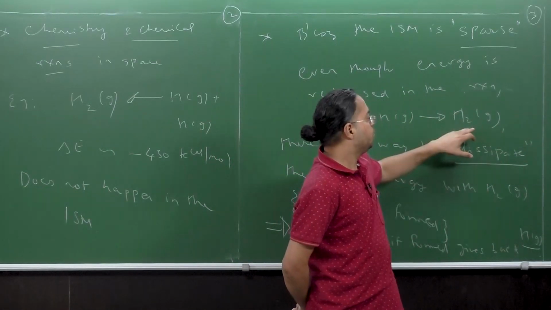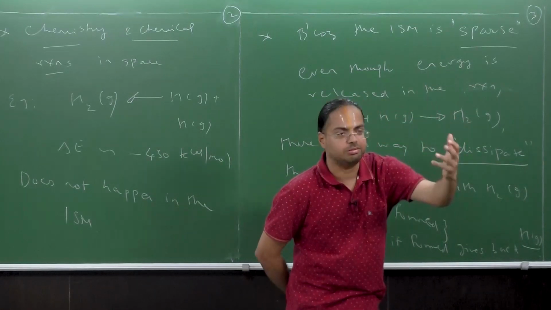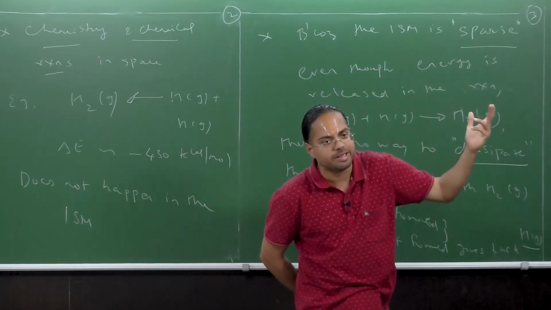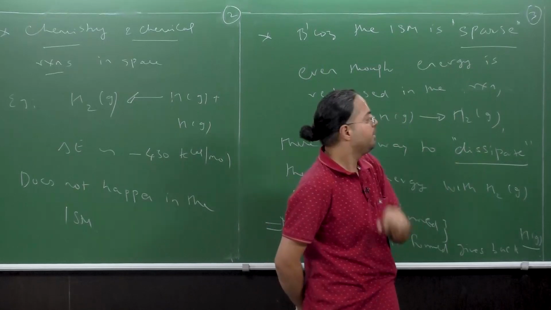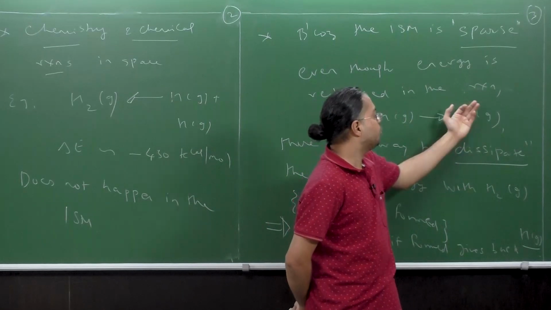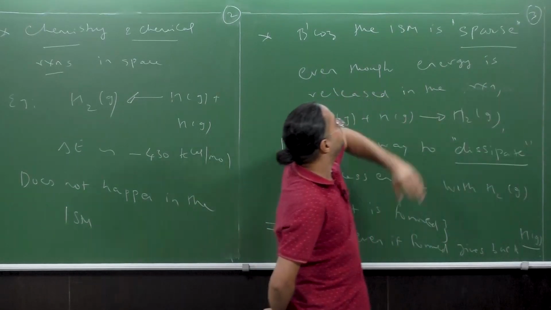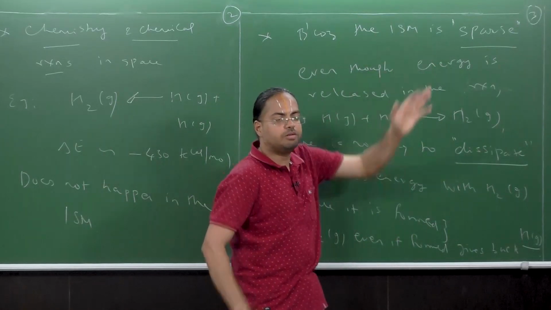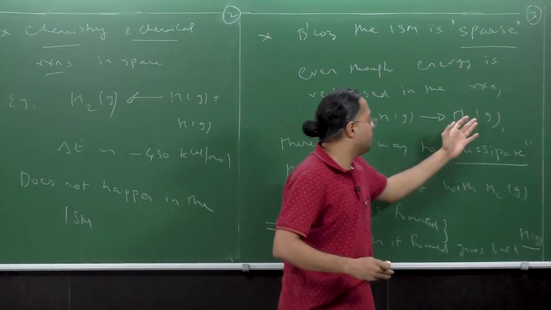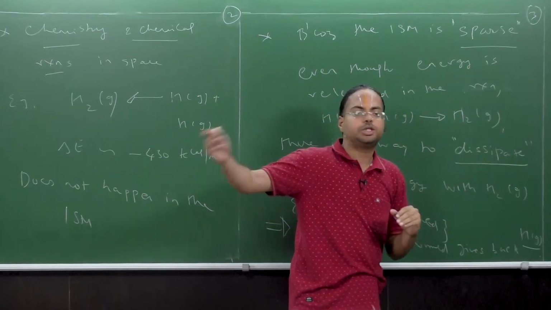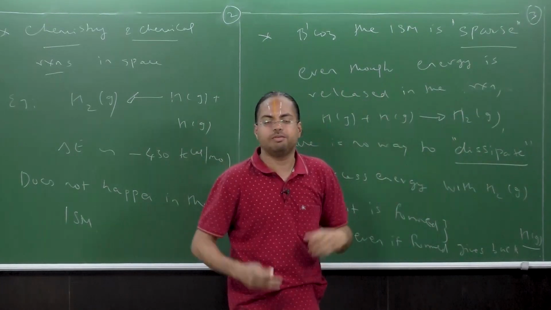Now, H2 could either radiate the excess energy, but for H2 gas itself, there is no mechanism via which it could radiate, or it could pass it off to another molecule. But because of the sparseness of the interstellar medium, there is no fellow product to which H2 gas could give its energy off.